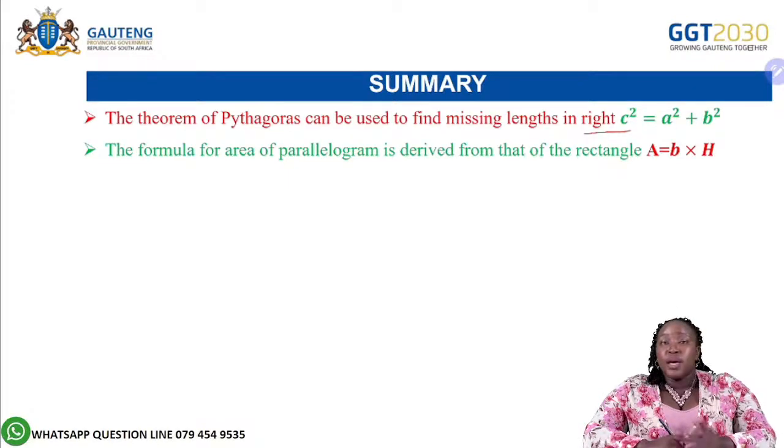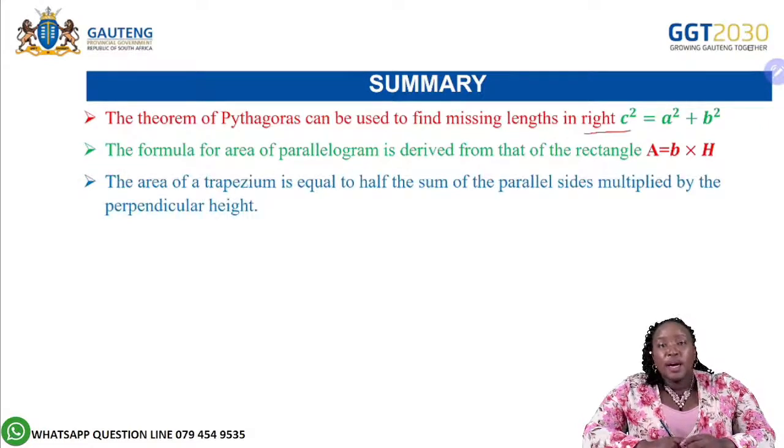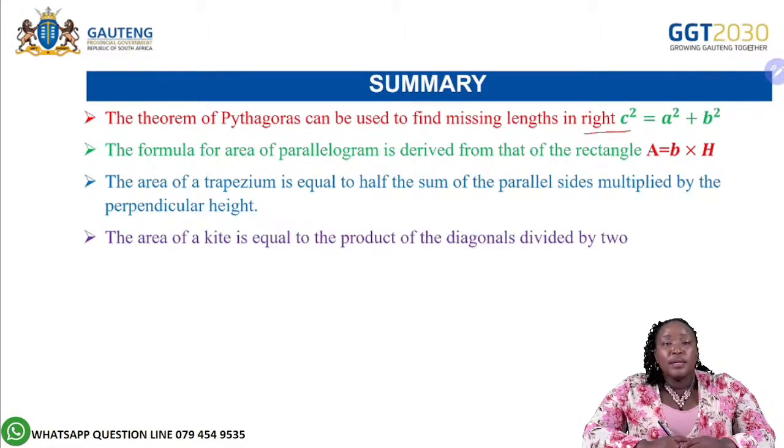So we use area is equal to the base times the perpendicular height. Then the area of a trapezium is equal to half the sum of the parallel sides multiplied by the perpendicular height. Then the area of a kite is equal to the product of the diagonals divided by 2. So these are all formulas, we've just used their definitions because sometimes we don't need specific letters. We depend on how the shape has been named.